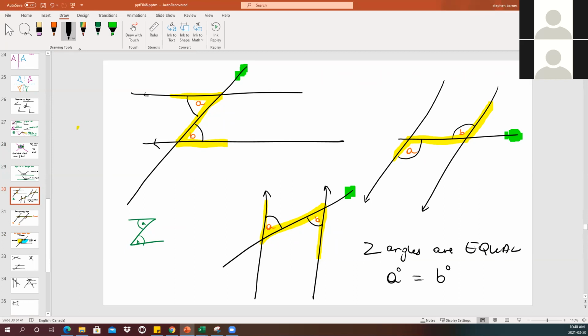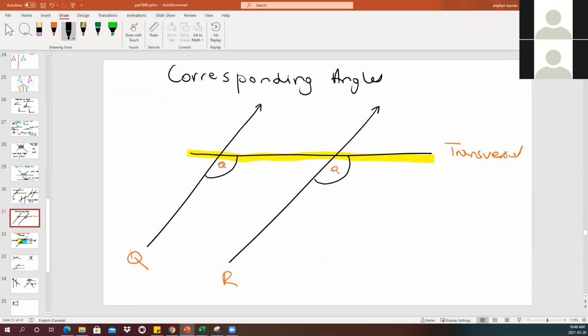And I have highlighted in yellow how the Z angle forms. The rule is that Z angles are equal. They're equal, same size. Then we look at corresponding angles. Again, you have a transversal and you have two parallel lines.